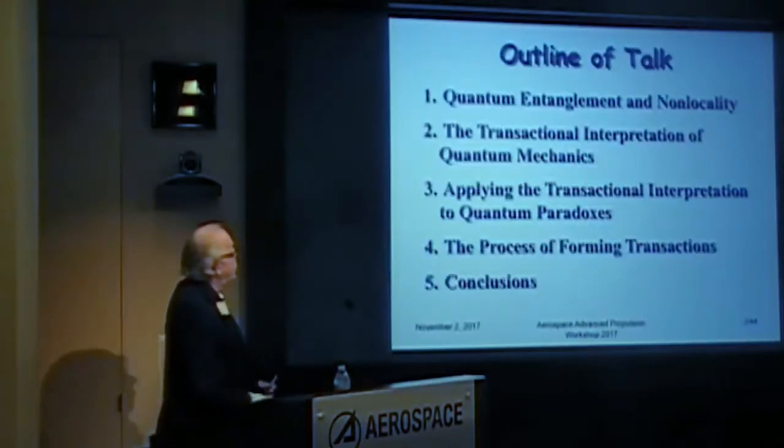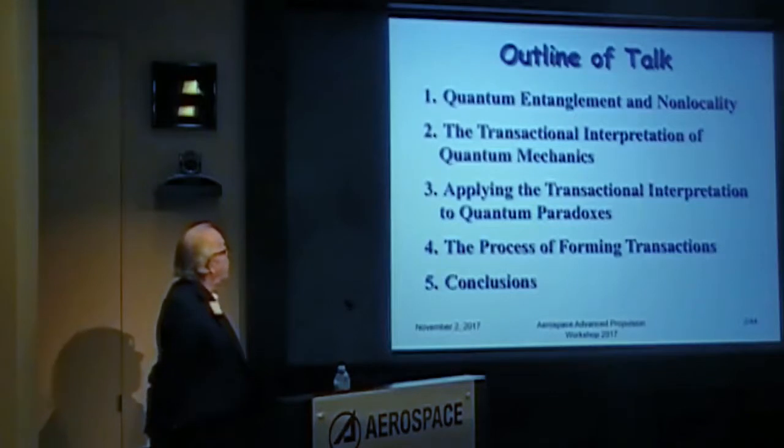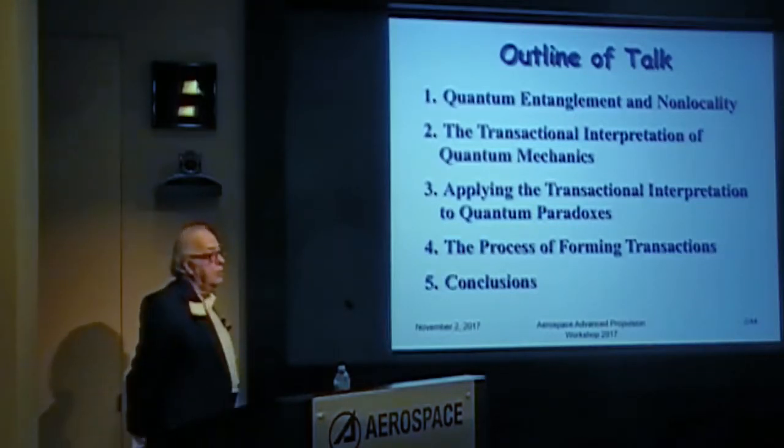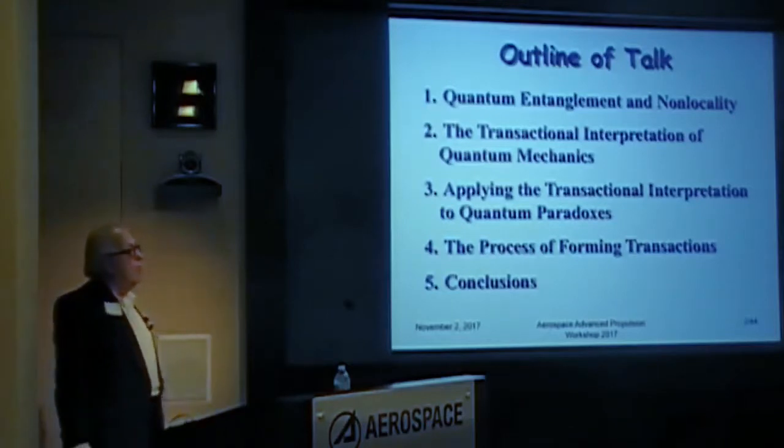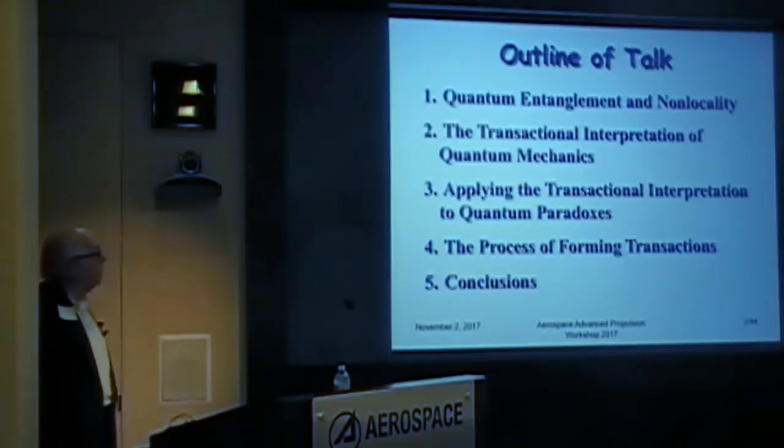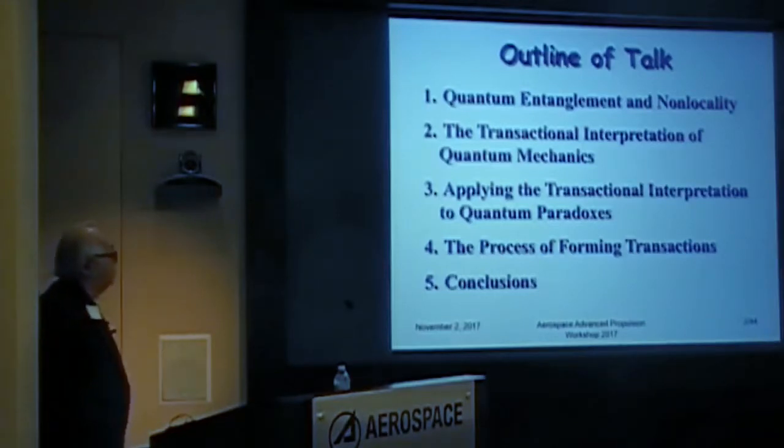So the structure of the talk is that, first of all, I'm going to talk about what quantum entanglement and non-locality are, which I consider to be the main counterintuitive parts of quantum mechanics that get in the way of understanding anything else. Then I'm going to talk about the transactional interpretation. Then I'm going to apply it to various quantum optics experiments and so forth to show how it can be used.